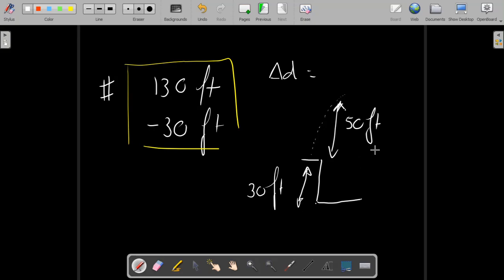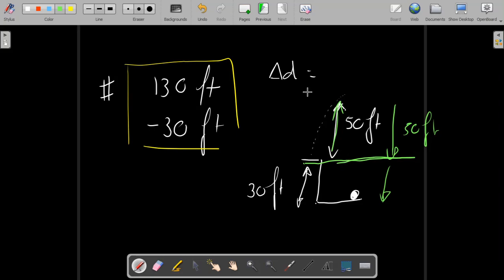So the first thing you need to notice is that for a ball to go up and then end right here at the bottom of the cliff, the ball had to do this. It had to go up and then another 50 feet to reach back where it started, the top of the hill, and then it had to travel the extra 30 feet of the cliff. So this is the path of the ball.